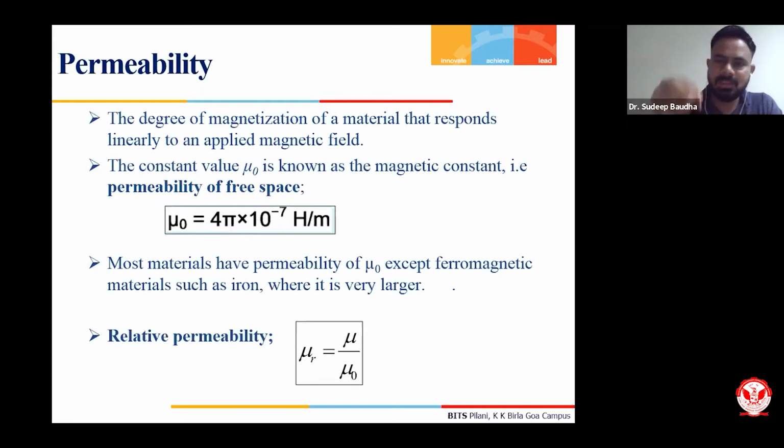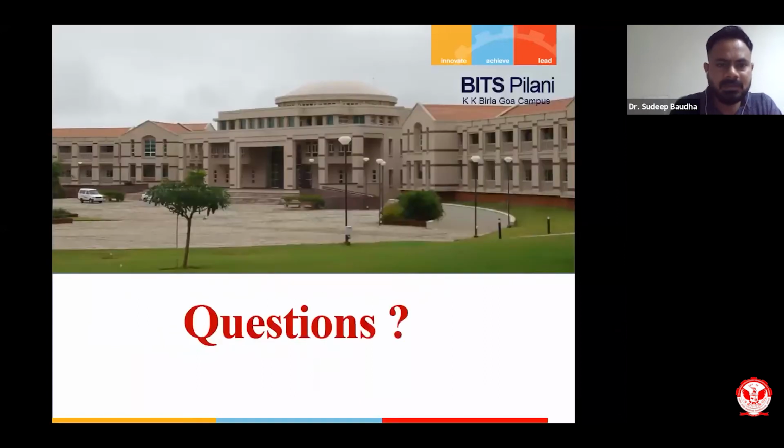But most of the materials in the modern scenario have permeability the same as that of free space. It means they are not affected by magnetic fields at all. So we can say relative permeability of a material, mu r equals mu upon mu naught, where mu naught is the permeability of free space and mu r is the relative permeability of that particular material. This is what permittivity and permeability are.